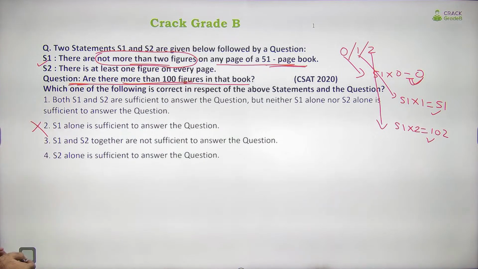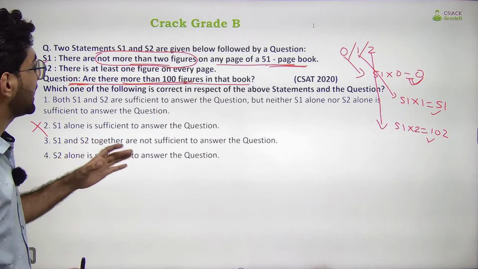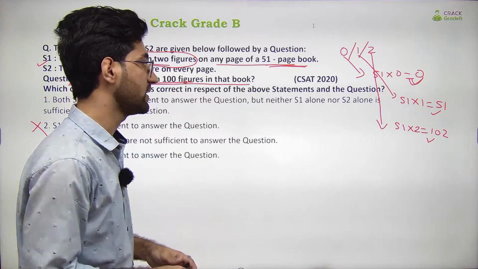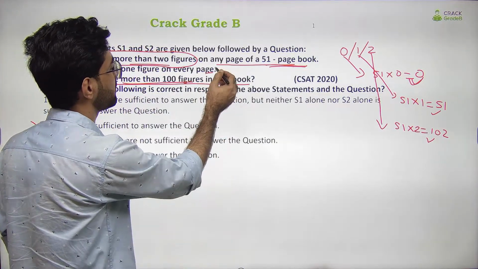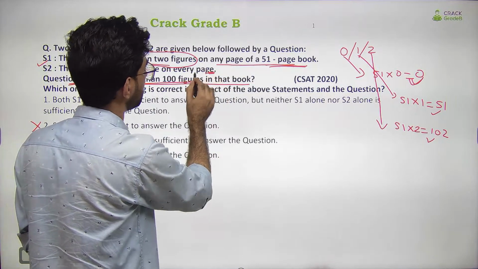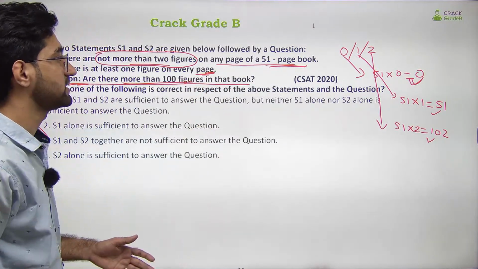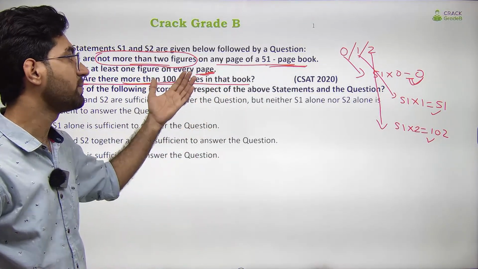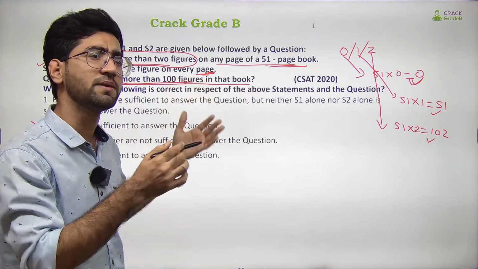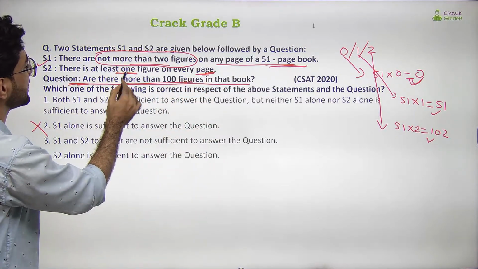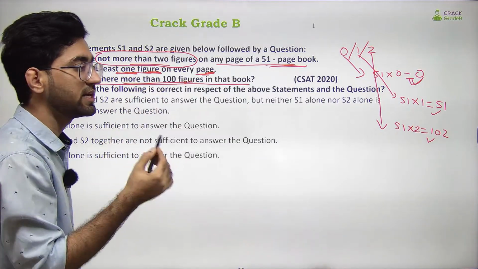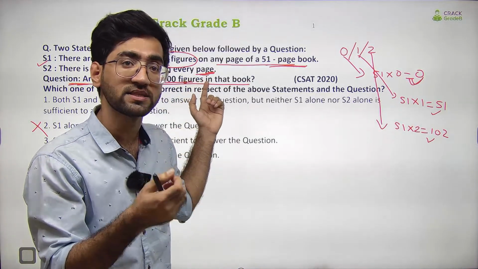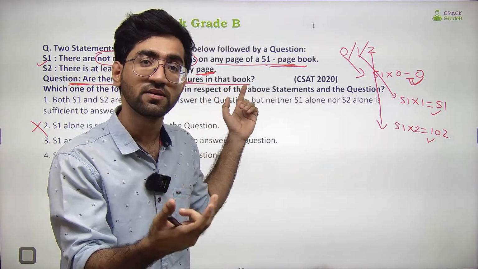Now look at statement 2. Statement 2 says that there is at least one figure on every page. If there is at least one figure on every page, suppose the book is of 51 pages, then each page can have one figure, 2 figures, 3 figures, 4 figures, 5 figures, right?